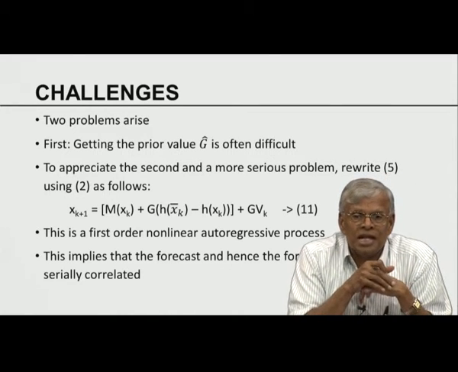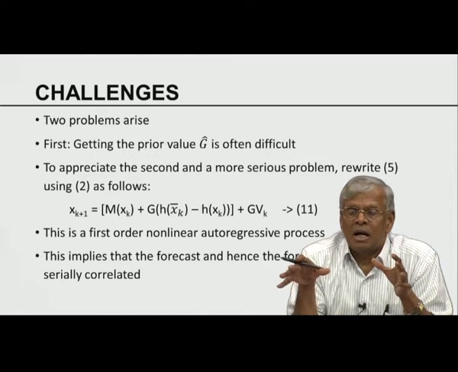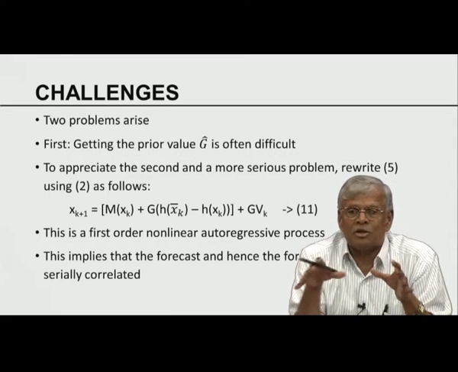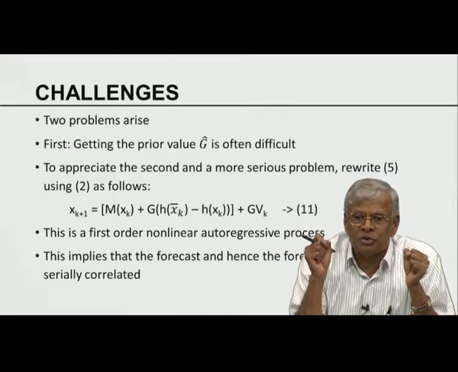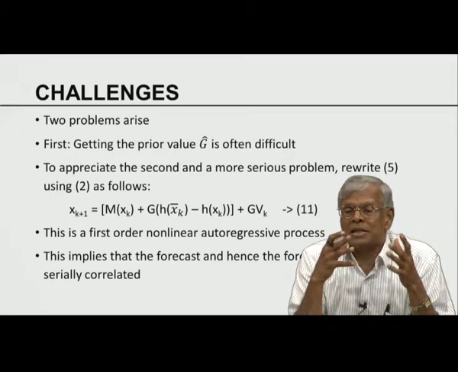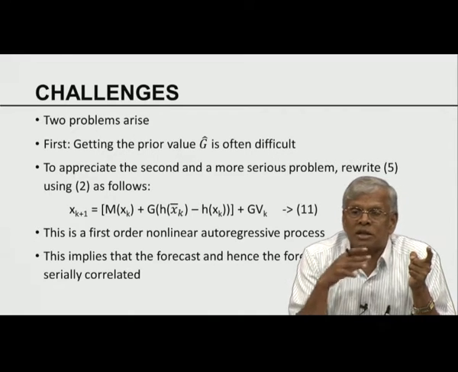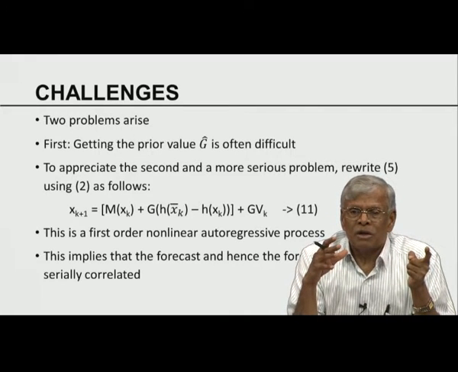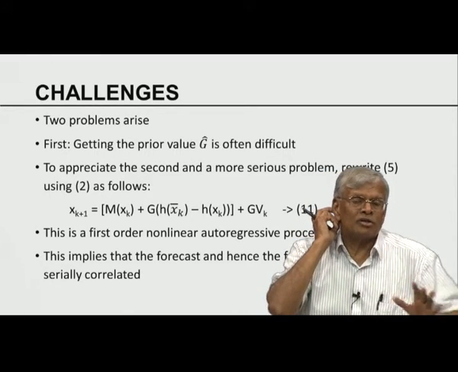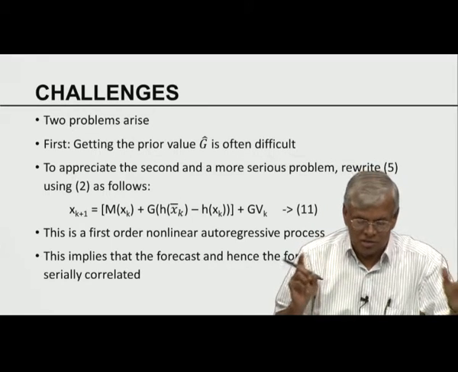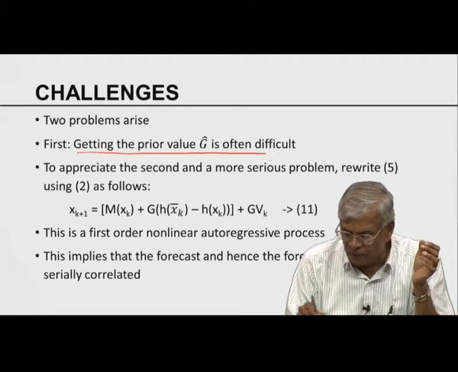Therefore, the choice of G hat depends very much on the process that is captured by the model. So in general, there are no specific guidelines for choosing G hat. The only thing that we can fall back on is that for those processes for which nudging methods have been applied in the early years, you have a reasonably well defined G hat, but in general there is no clear cut algorithm for generating G hat. So the difficulty with respect to getting the prior value is one problem.